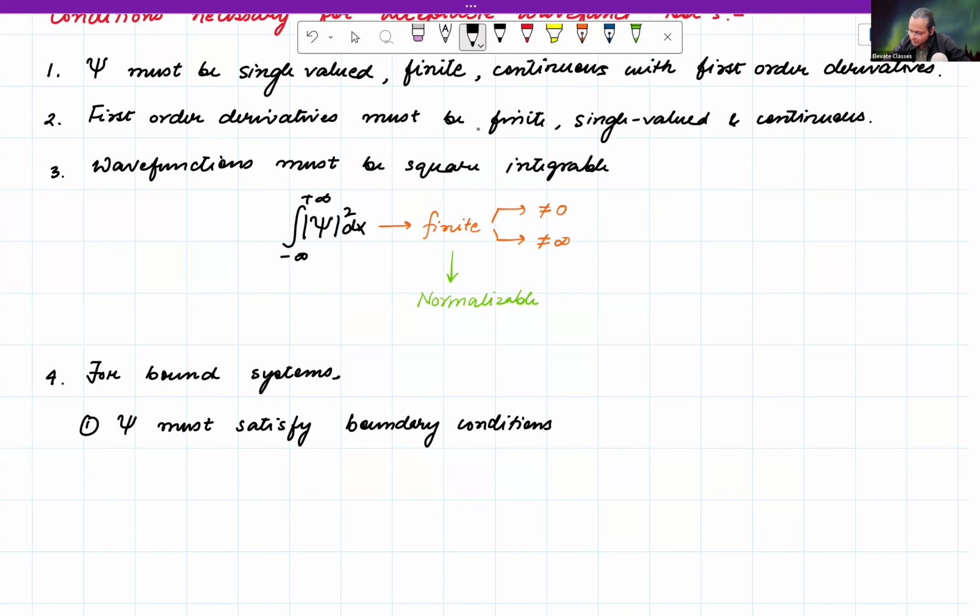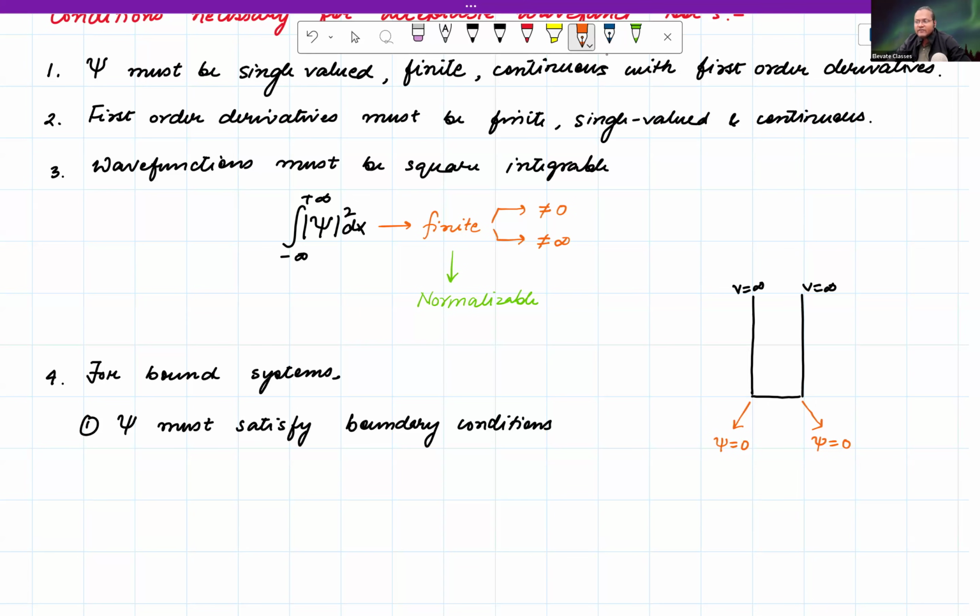So for example, if I have a particle in a box or something like that, where V is equal to infinity at the walls, then at the walls itself, the wave function must be zero because the particle cannot penetrate.